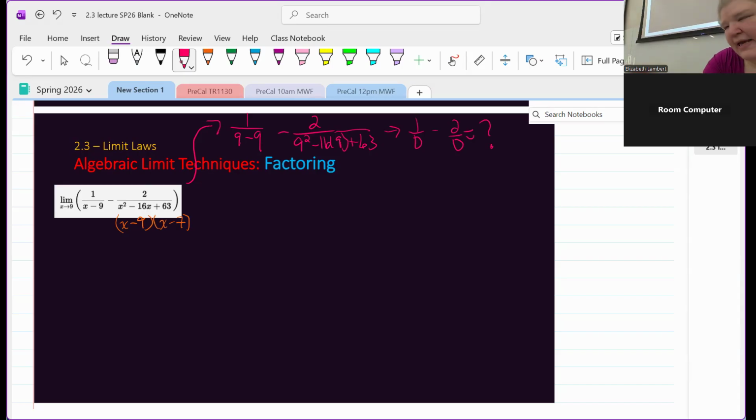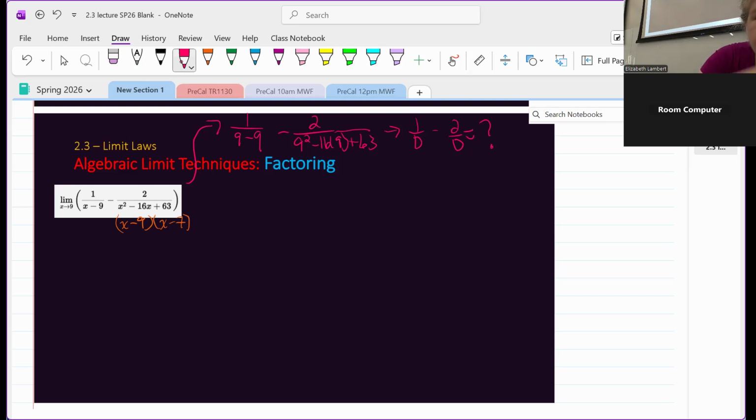So that's like writing out what the first step was. The first step is plug in the numbers, see what you get. We got 1 over 0 minus 2 over 0 equals, I have no idea. That could be infinity, that could be 0, that could be a number. Right now, we don't know.